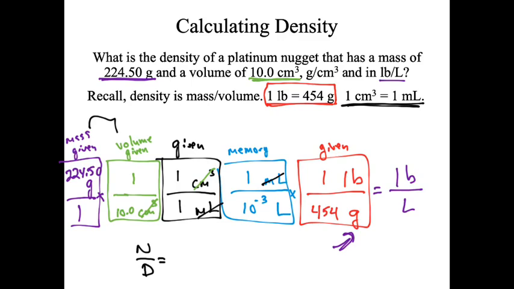Numbers at this point. 224.50. What else was in the numerator? 1. Thank you for the 4. What was in the denominator? 1 times 10.0 times 1 times 10 negative 3.